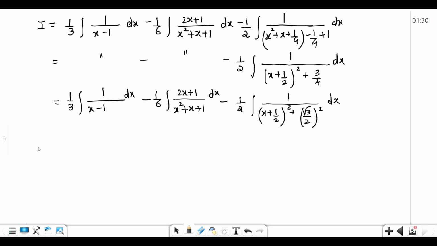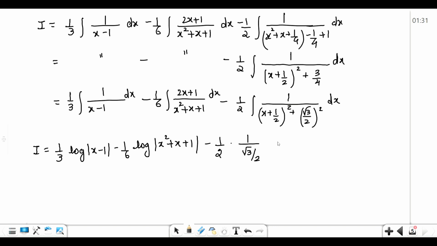So I will be equal to 1 by 3. Now it is a linear term, so 1 upon, consider it as x, that will give you log of x minus 1. Now here, since we have the derivative of the denominator in the numerator, we can write log of the denominator, that is x square plus x plus 1, minus 1 by 2, and this is 1 upon x square plus a square formula, which is 1 upon a times tan inverse of x upon a, plus c.